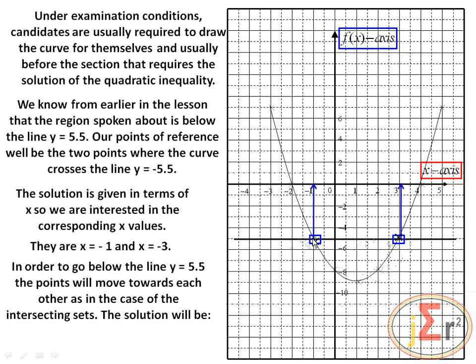And if we are going below from this point, we are going in that direction. And along the x-axis, we are going in that direction. Like that. And we know when we come together like that, the solution will be the set of x such that negative 1 is less than x is less than 3.